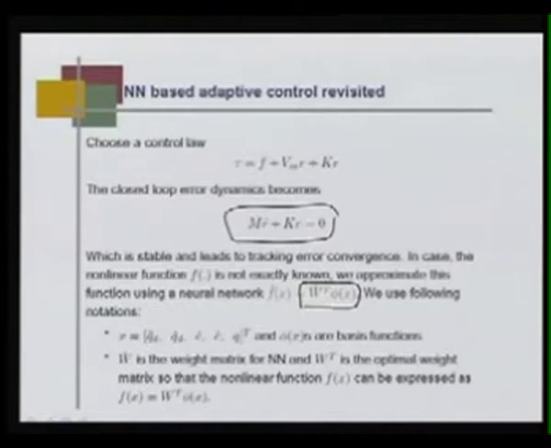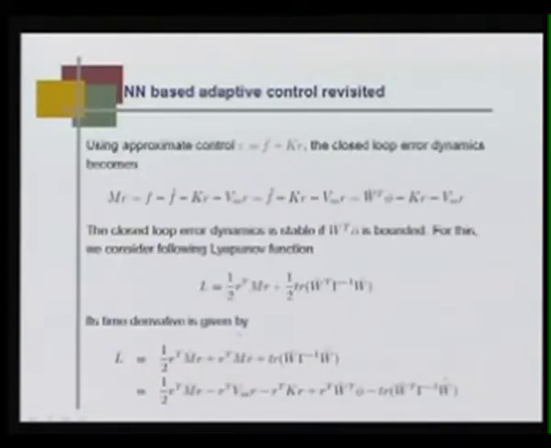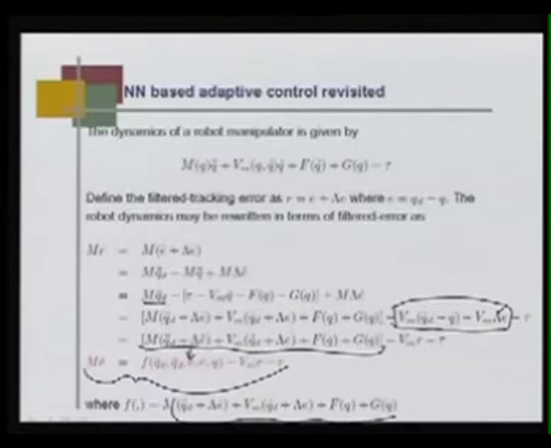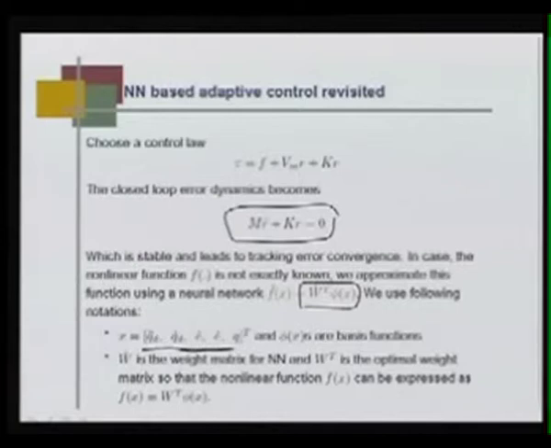This phi x is a function of qd double dot, qd dot, e dot, e and q.